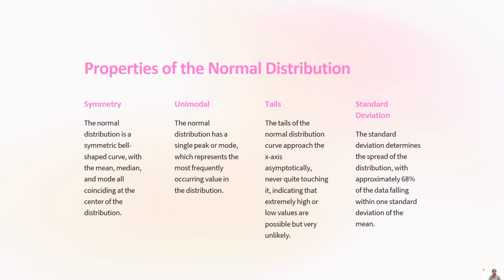Tails, the tails of the normal distribution curve approach the x-axis asymptotically, never quite touching it, indicating that extremely high or low values are possible but very unlikely. Standard deviation, the standard deviation determines the spread of the distribution with approximately 68% of the data falling within one standard deviation of the mean.